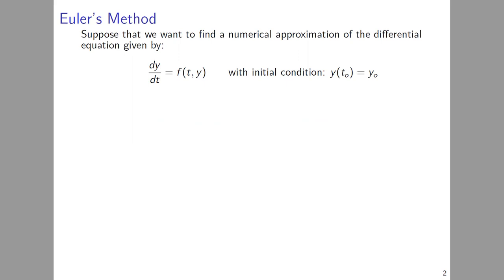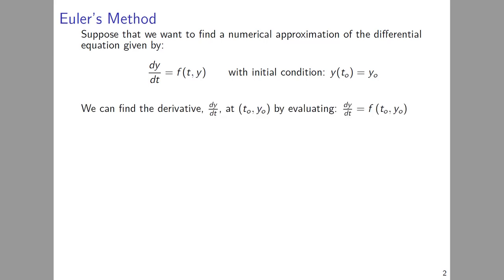Suppose that we want to find a numerical approximation of the solution for the differential equation given by dy/dt equals f of t and y, with an initial condition y of t naught equals y naught. From the differential equation, we can find the derivative dy/dt at (t naught, y naught) by evaluating our function f at (t naught, y naught).